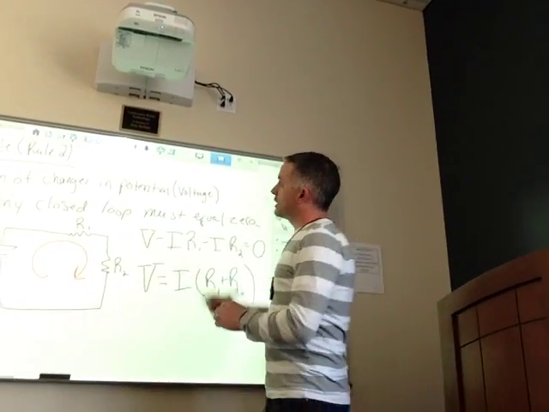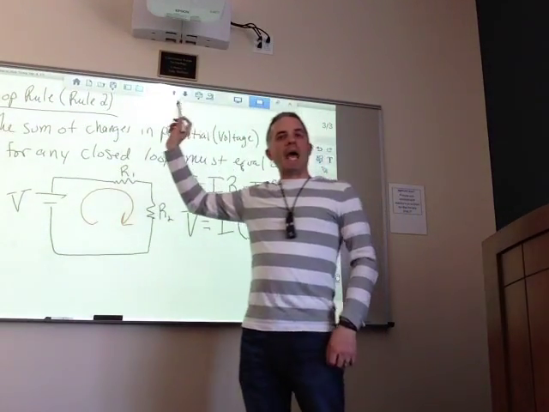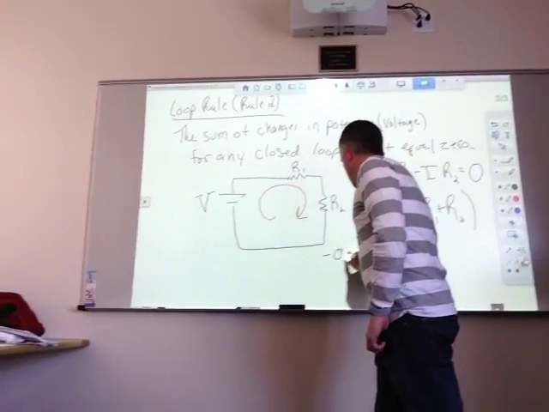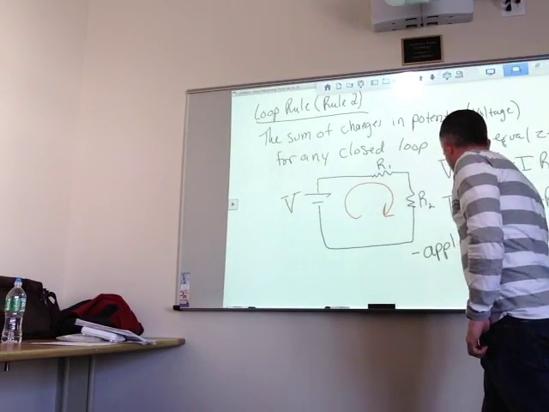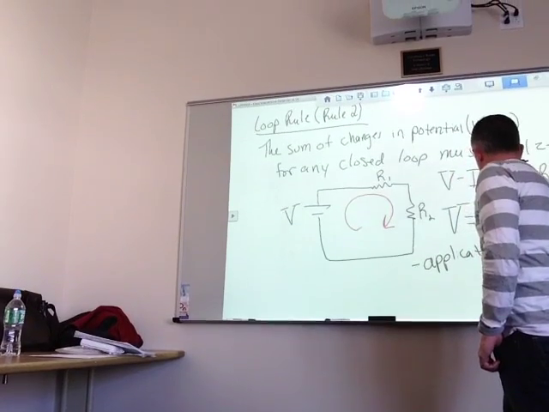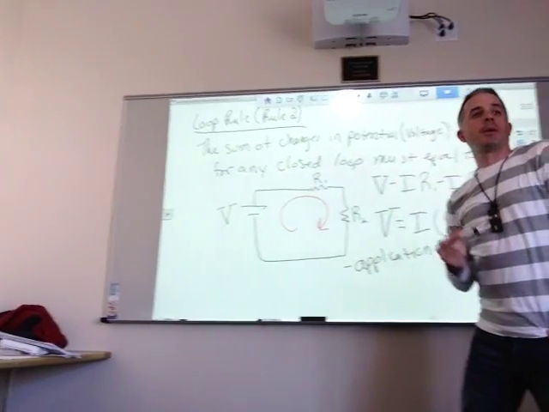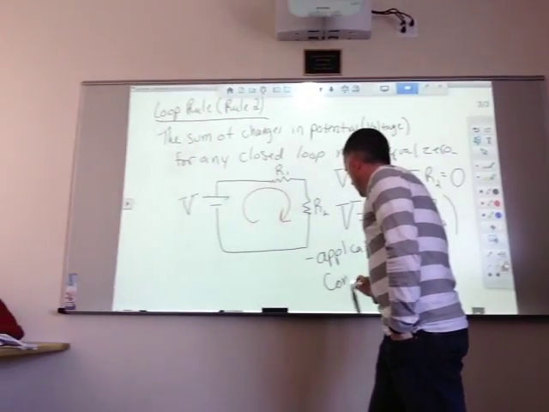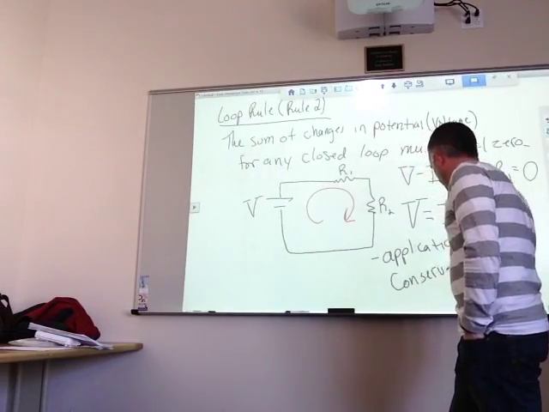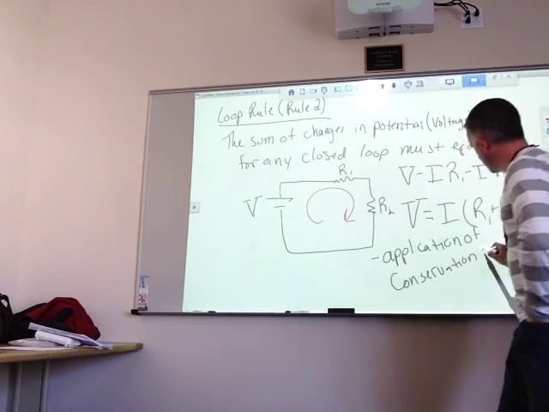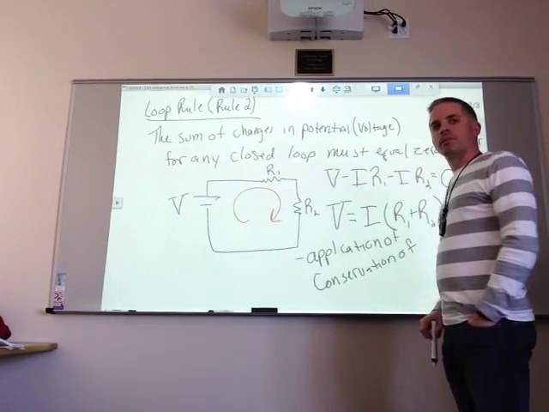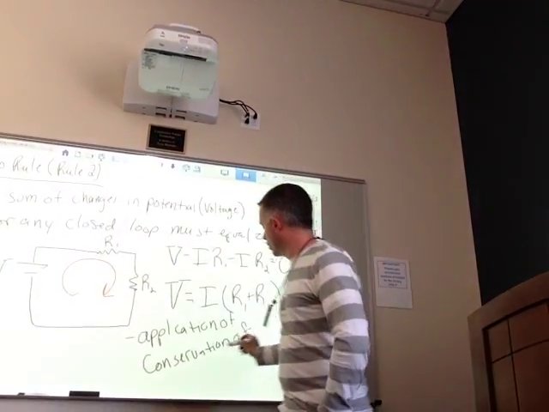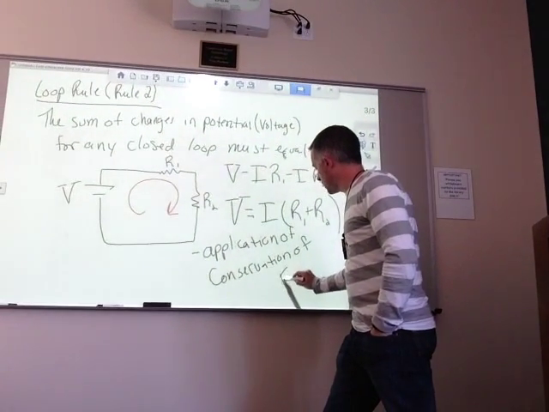Just the same way that the junction rule was an application of conservation of charge, this is an application of, what do you think? If we're talking about potential voltages, what is it an application of? There's no such thing as conservation of voltage. What is voltage talking about? Energy. So the loop rule is an application of conservation of energy.